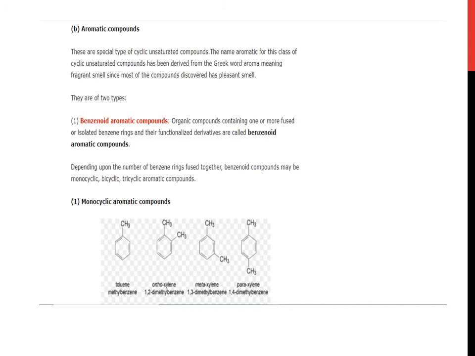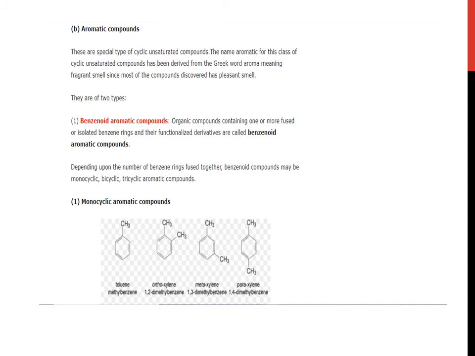monocyclic, bicyclic, tricyclic aromatic compounds. Let us start with monocyclic aromatic compounds. There are some examples of these structures. Toluene. It is also called methylbenzene, but toluene is its most commonly used name. Ortho xylene. What are ortho, meta and para? It will be studied in the coming videos.